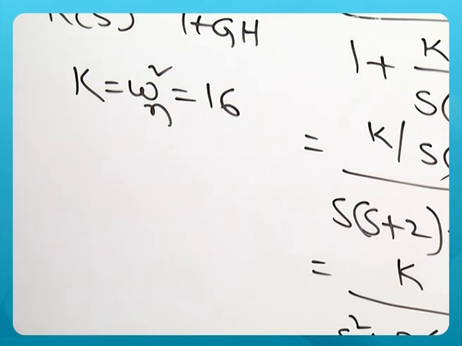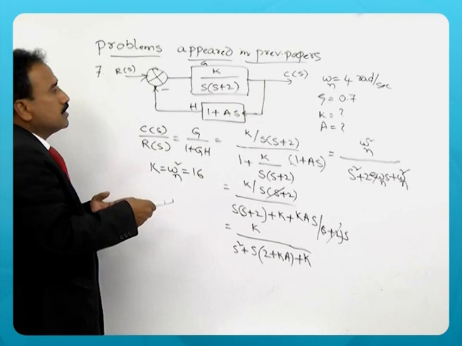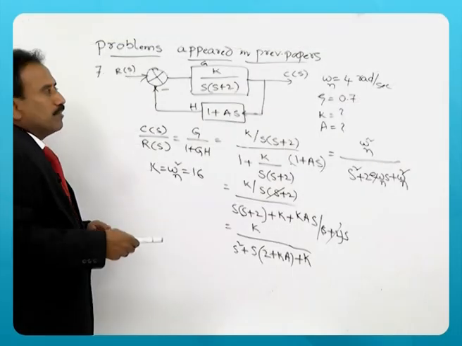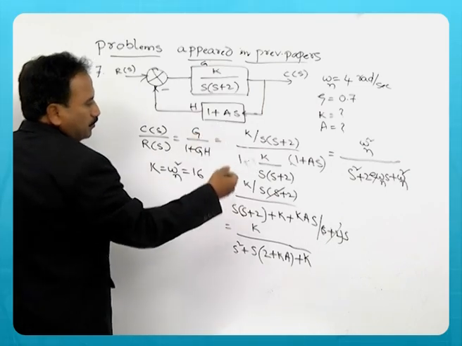This is the way you should calculate the value of k, the steady state gain of the system, for omega n 4 radians per second. Now, the another constant a you need to find out.